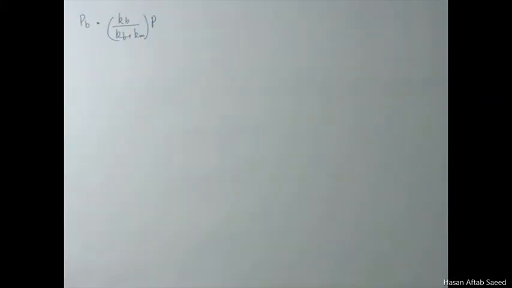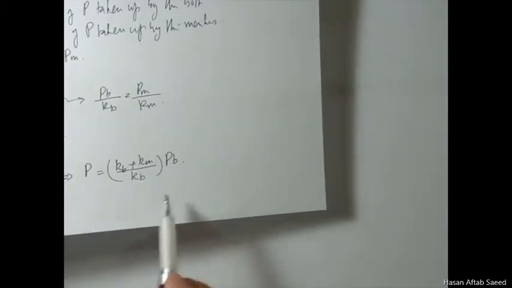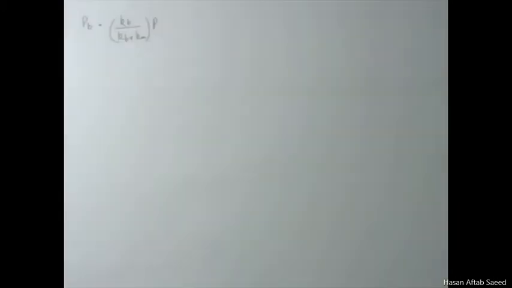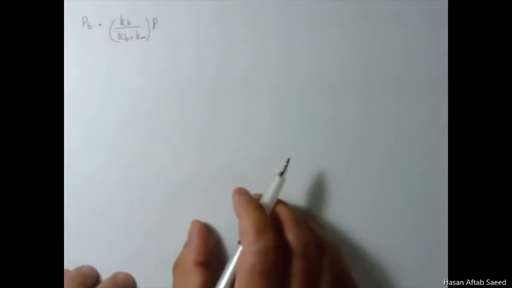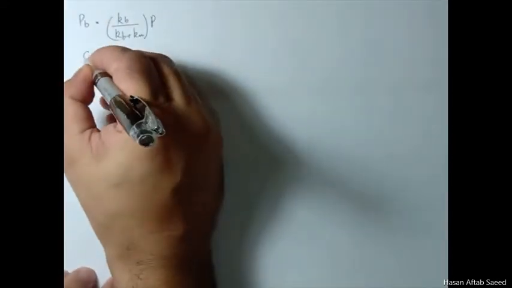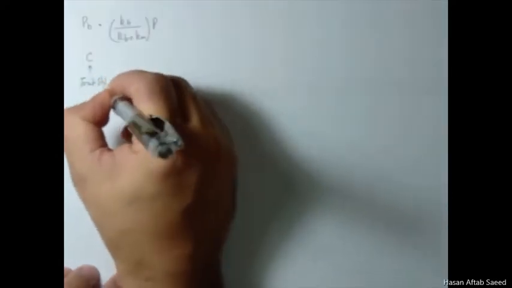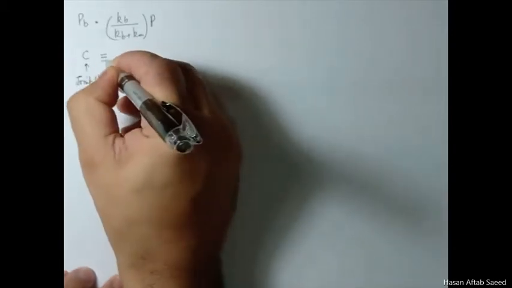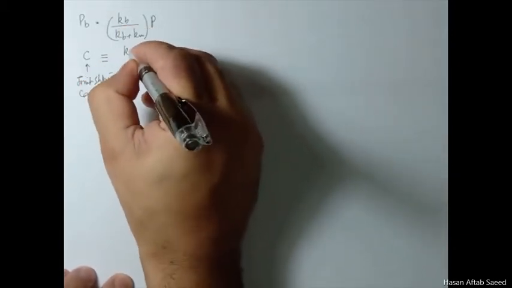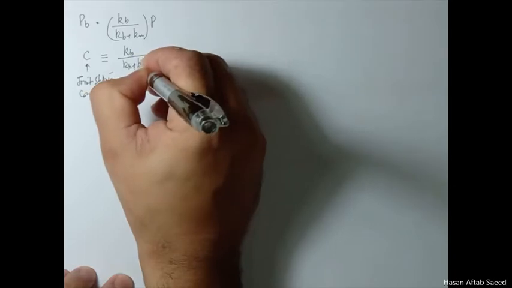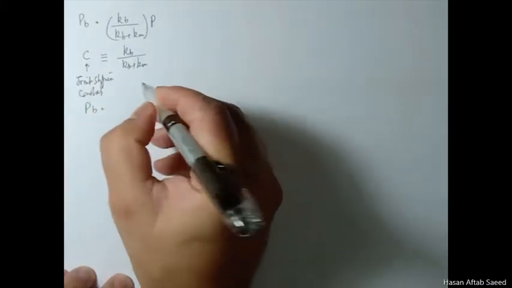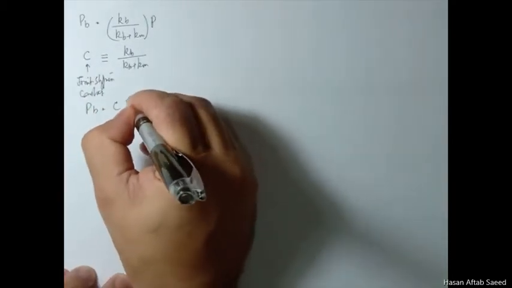Now, let's define a quantity here and call it joint stiffness constant C, and the quantity is nothing but KB over KB plus KM. So if this is our new quantity, then we can write this equation as PB is equal to CP.